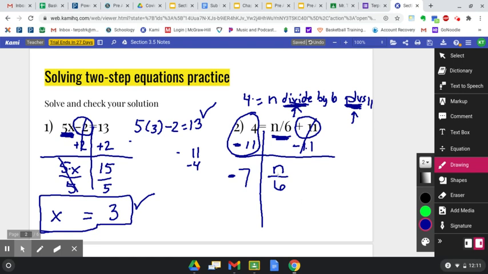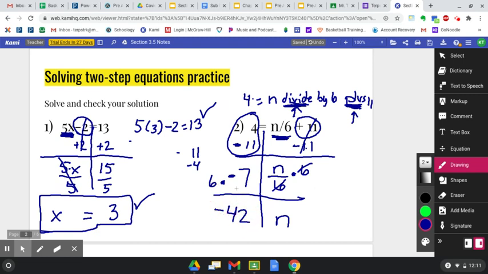Now, to solve for n, I still have to get rid of this divide by 6, and we do that through multiplication. 6 over 6 is really just 1, so that would leave me with 1n. And over here, I have to do the same thing because I can't just multiply one side. Times 6, we get negative 42.